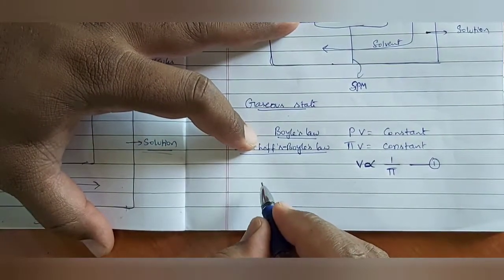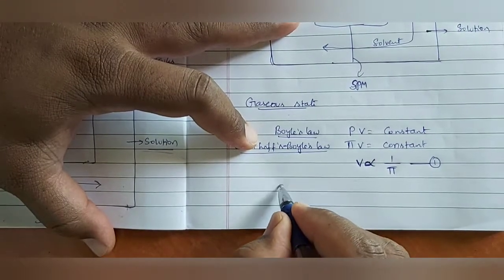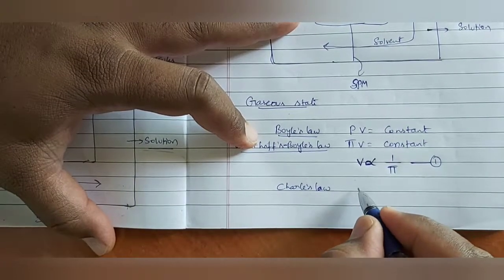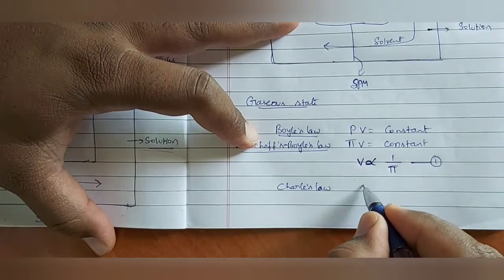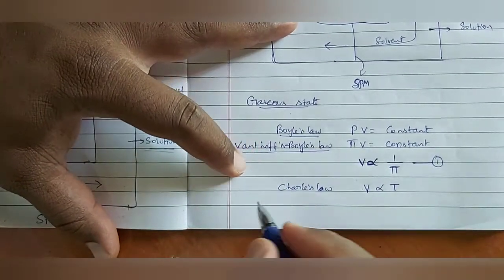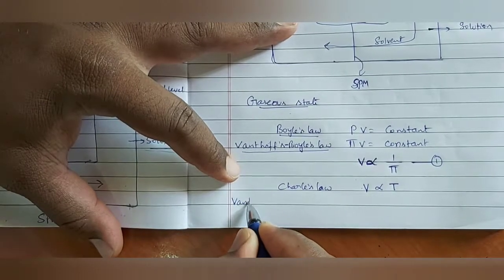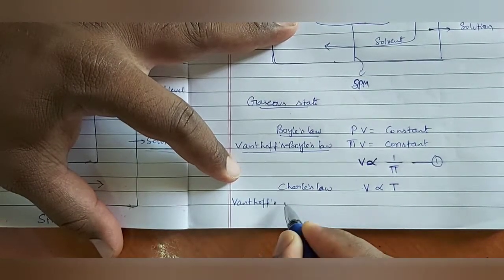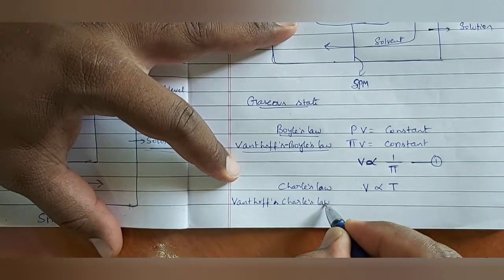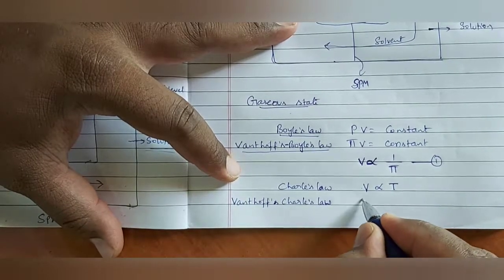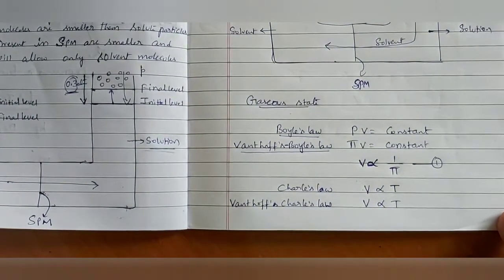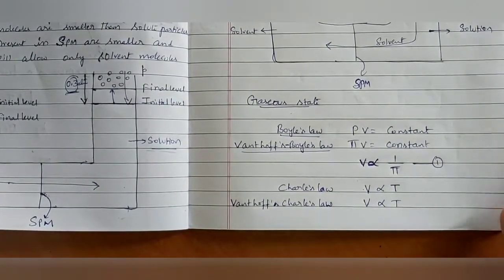Next, in the gas state, according to Charles' law, volume is directly proportional to temperature. Here that is called Van't Hoff's Charles' law. According to Van't Hoff's Charles' law, volume is directly proportional to temperature. This is equation 2. Like this, Avogadro's law is also there.